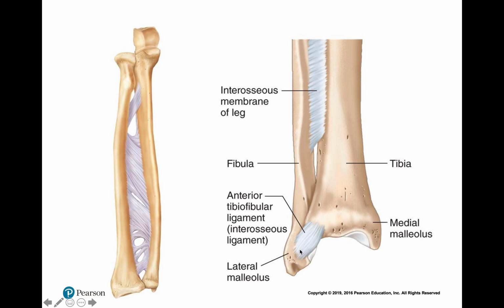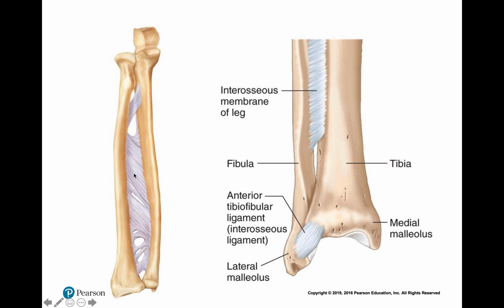But it's not really a sheet. It's more of a rope-like structure or a band, okay? And this is given a specific name called an interosseous ligament. Interosseous, between two bones. And then ligament, lending the idea that it's a rope or a band-like structure versus a sheet-like structure.